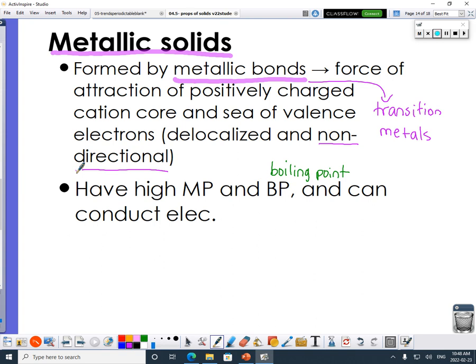One of the big things is they can conduct electricity because their electrons are mobile, freely moving, which again is on the slide after. It was on yesterday's note as well, so it's up to you.